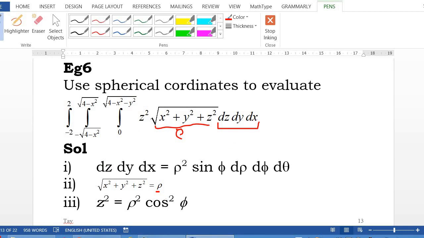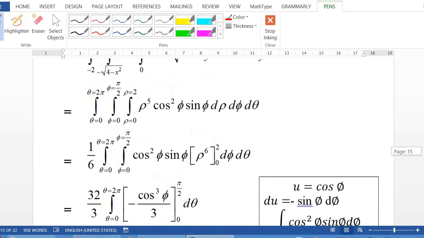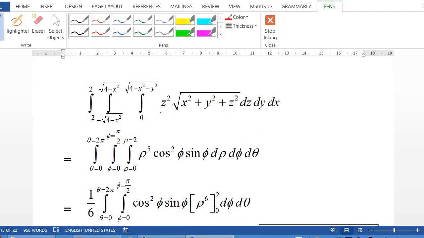You multiply 1, 2, 3 here. In total you have rho to the power 5 cos squared phi sin phi d rho d phi d theta.